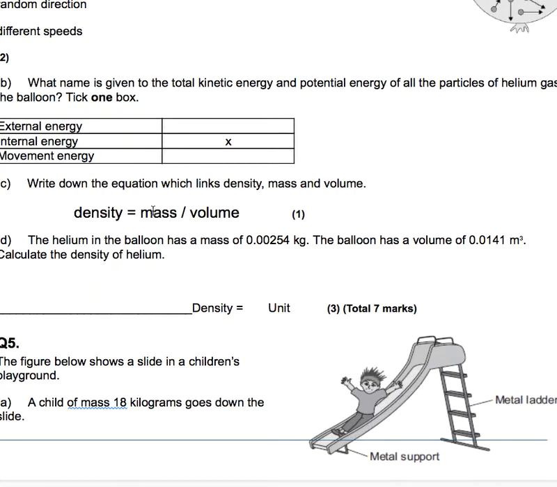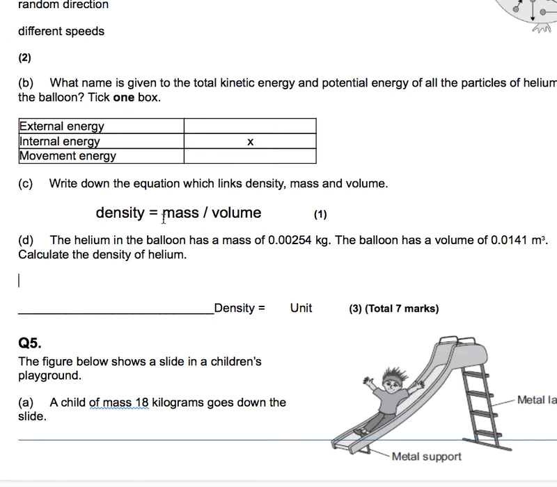And then we do the calculation. We have a mass of 0.00254 kilograms and a volume of 0.0141. So you stick the mass in here and the volume in here, divide mass by volume, and you'll get 0.18.